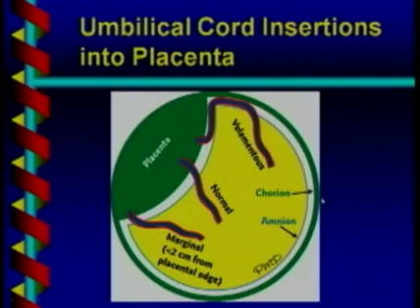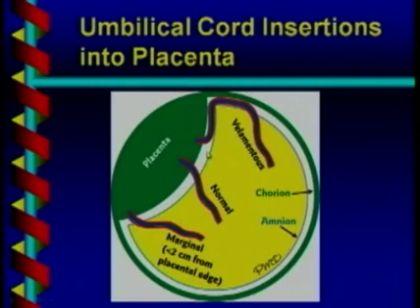Another ultrasound feature of the umbilical cord is where the cord inserts into the placenta. Normally, if this is the placenta and this is the umbilical cord, the cord inserts somewhere at or around the middle of the placenta. If it occurs at the edge, it is a marginal insertion.